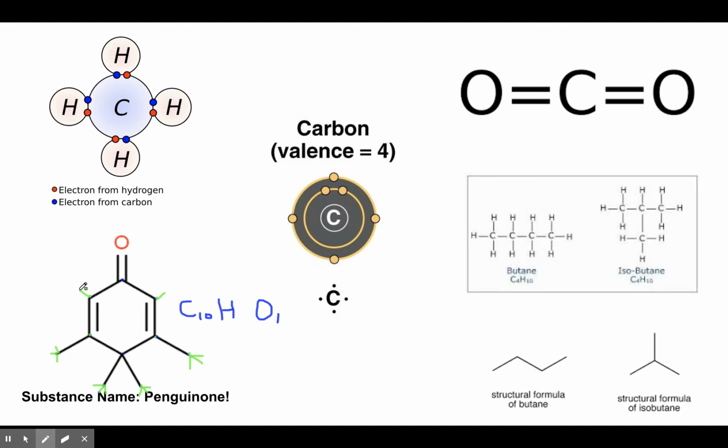And same thing over here, since it's symmetrical. And this last carbon, it has 1, 2, 3, 4 bonds, so it's already full. So in total, how many hydrogens do we have? We have 1, 2 plus 12 is 14 hydrogens. So that's how we can use this idea of carbon having a valence of 4 to interpret the chemical formula of a diagram. I hope that was helpful.